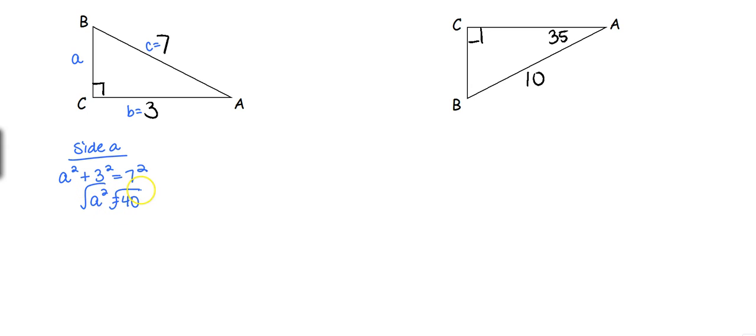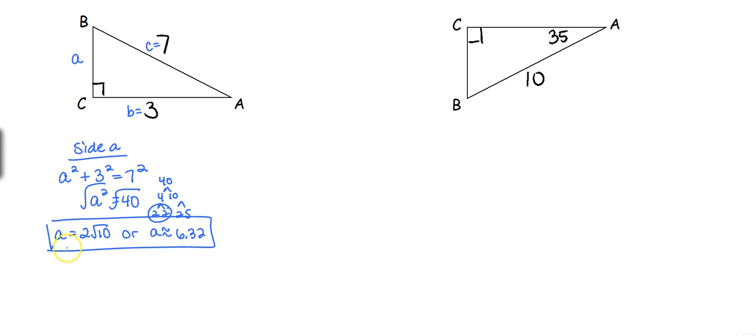Square root, I could ask you for the exact or the rounded answer. We know using our factor tree that a is either 2 root 10 as your exact answer, or your rounded answer is about 6.32. So it just all depends on what I ask for.